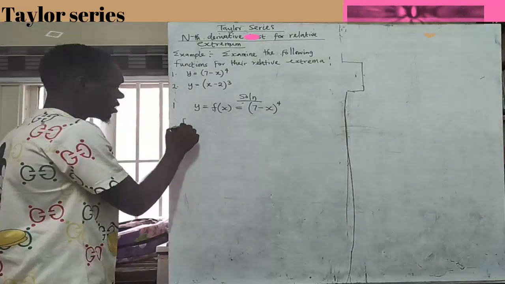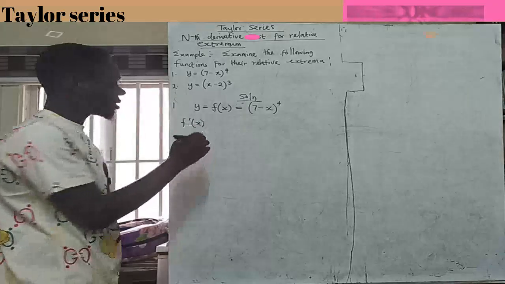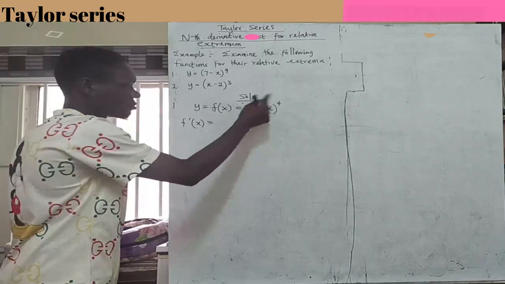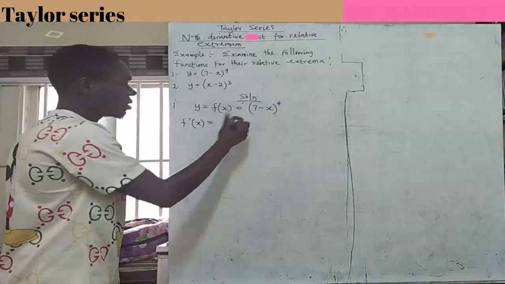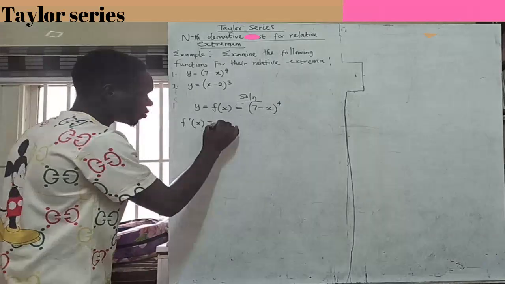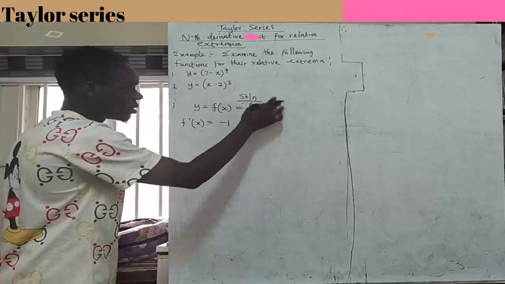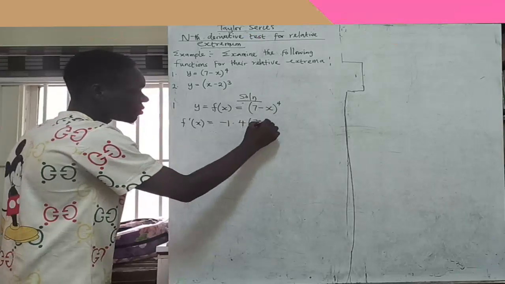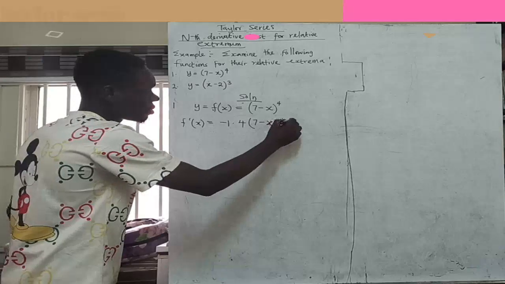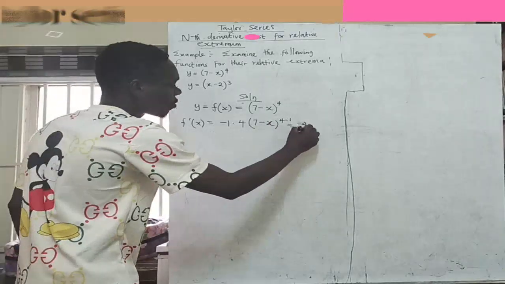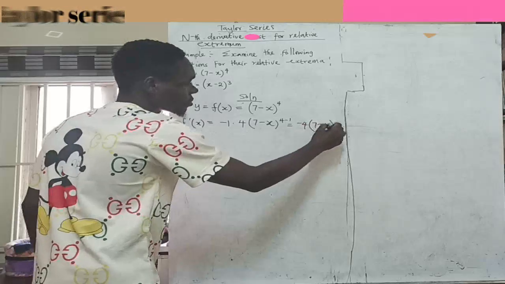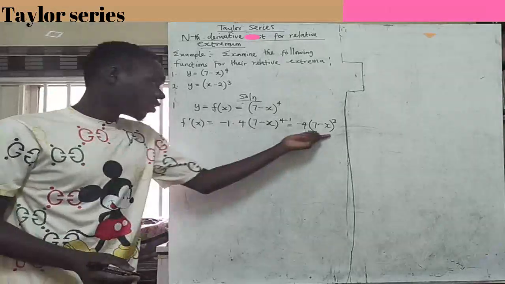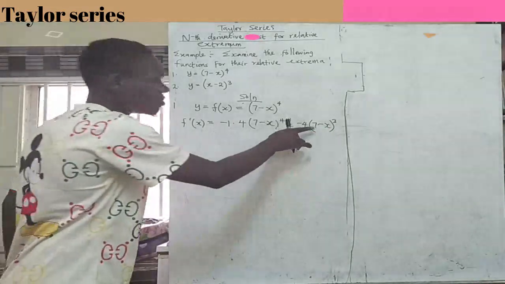Taking the first order differential of this function, using the power function rule, we have minus 1, and then differentiating the entire function here, that is minus 4 times (7 minus x) raised to the power of 3.